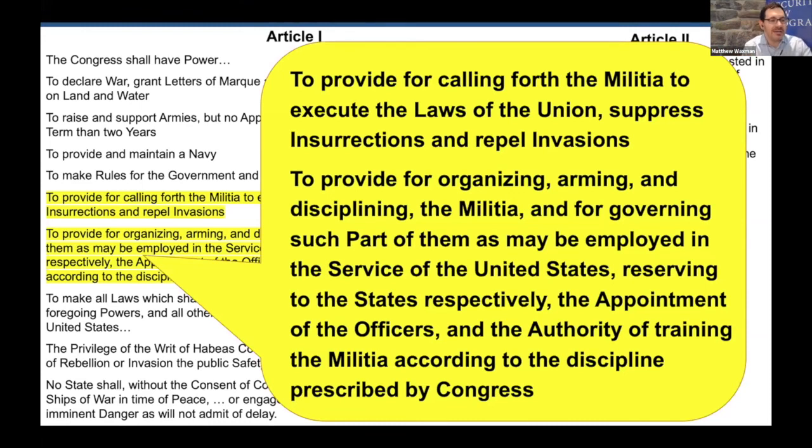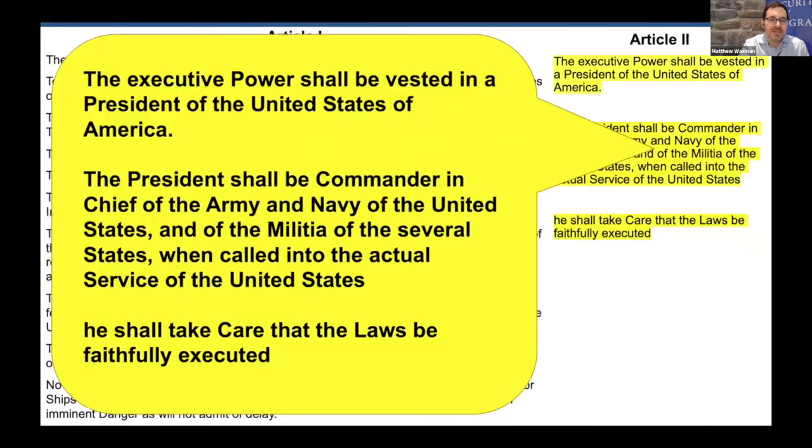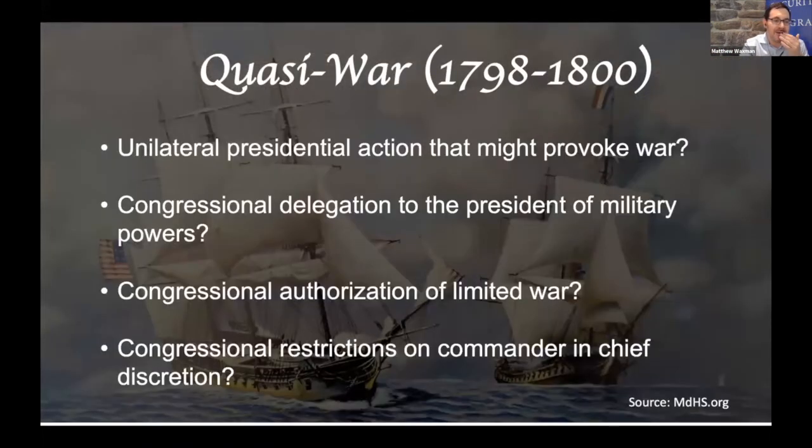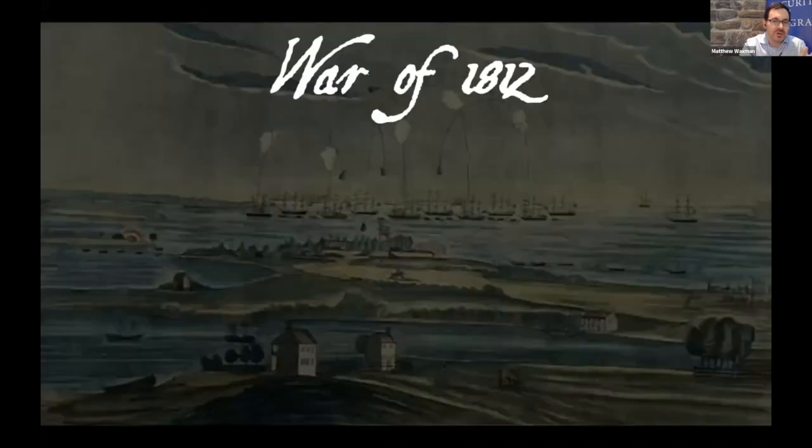Let me close by saying on the War of 1812 that some compromises on militias that were necessary to assure the Constitution's ratification contributed to some real malfunctions of the American military machinery.